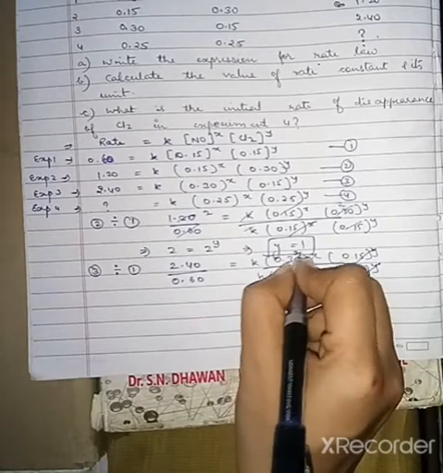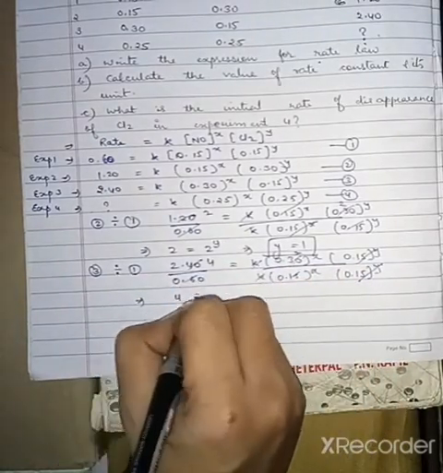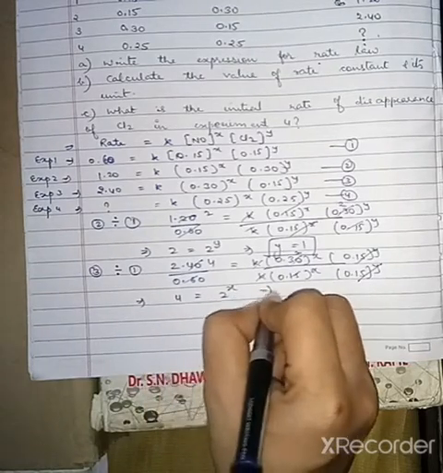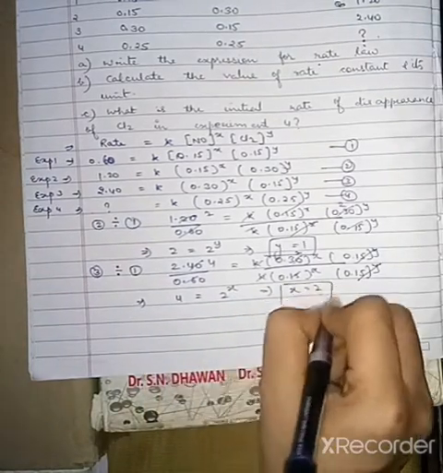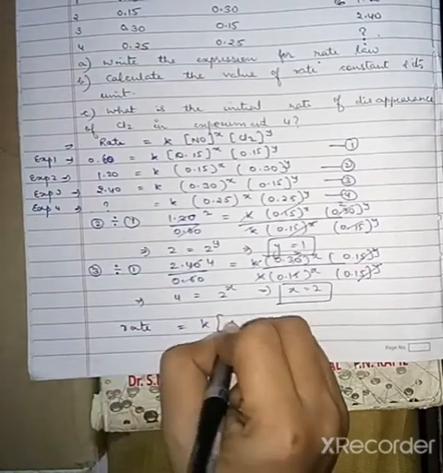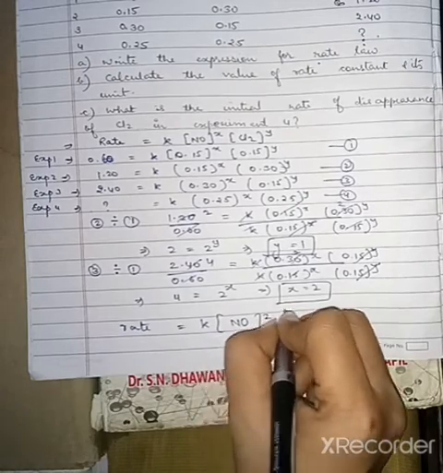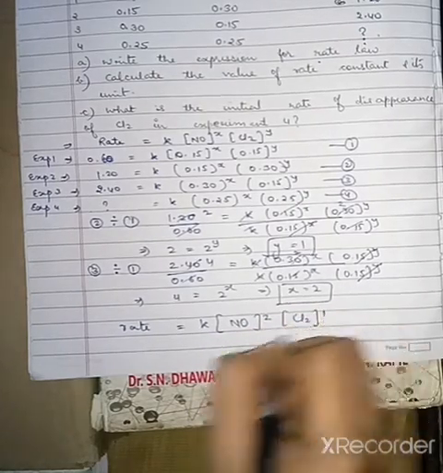It will cancel out, the concentration is 2 times, so this will give 4 times. So 4 is equal to 2 to the power x, and x is equal to 2. So second order. So the rate expression becomes K into NO to the power 2 and Cl2 to the power 1. This is the rate expression.